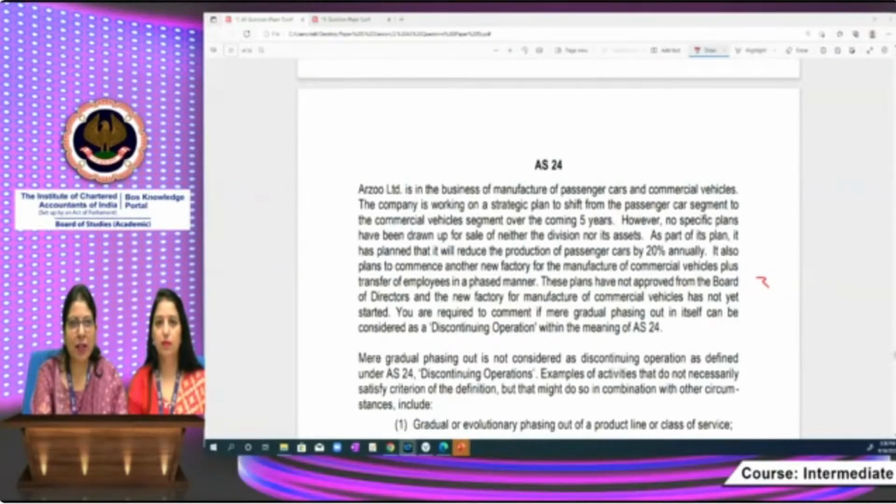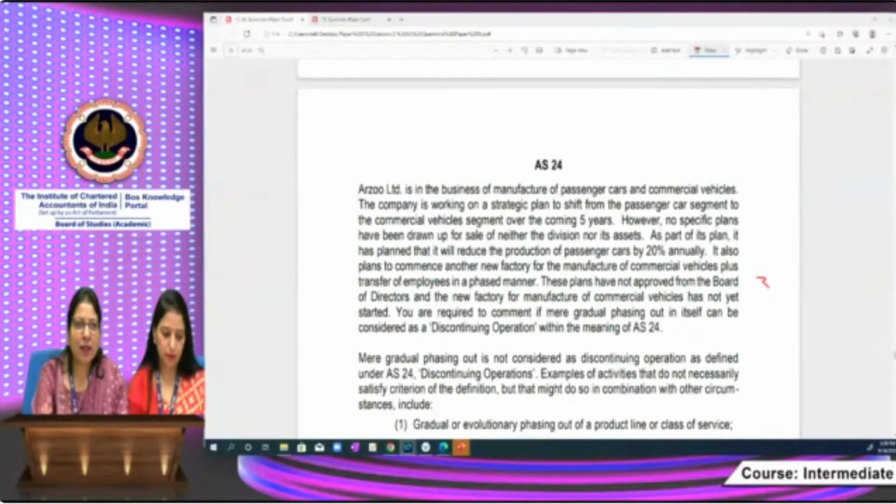If any of the operation we are going to shut off and we are going to start something new in place of that, that information needs to be given to the stakeholders for making their judgment, for making decisions in an effective manner. So now, what type of questions can be asked in the examination from this particular accounting standard?